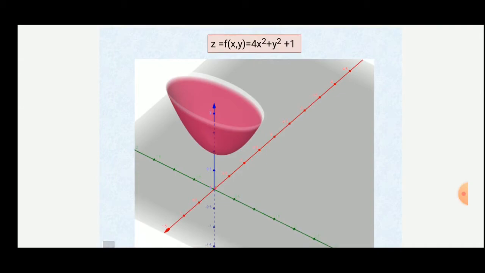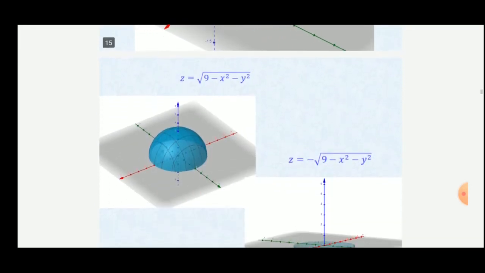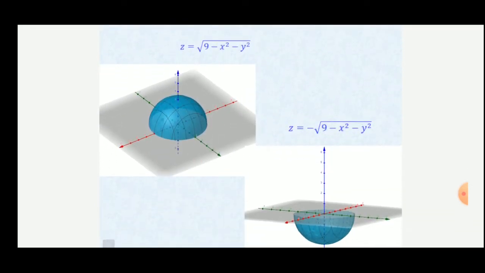Yeah, this is the graph of this elliptic paraboloid, which is lifted to height 1 unit in upward direction. The next one is half spheres along positive z-axis and negative z-axis.